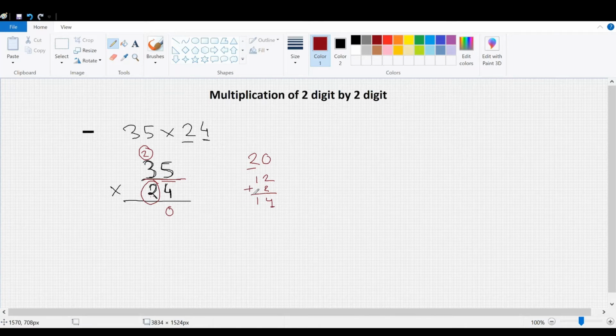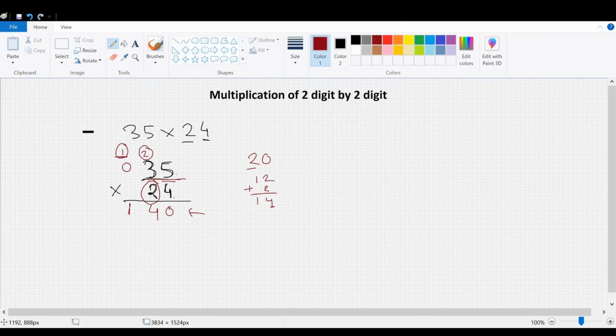We write 4 in the tens house and 1 we will regroup in the hundreds house. We have nothing in the hundreds house. 4 times 0 is 0 plus 1 is 1. We are done with 35 times 4, and this is the product of it, answer of it.